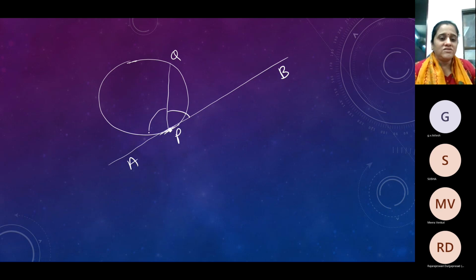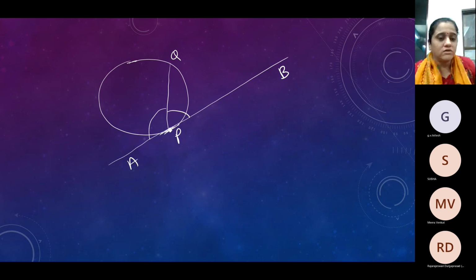This is the angle between the chord and the tangent on the other side. PQ is a chord through the point of contact P, not any chord. The chord should pass through the point of contact, having it as one end.